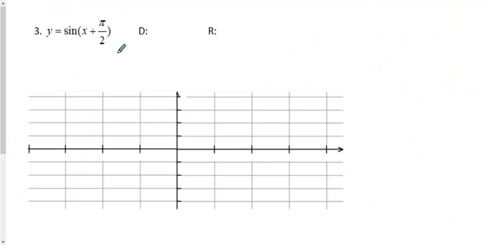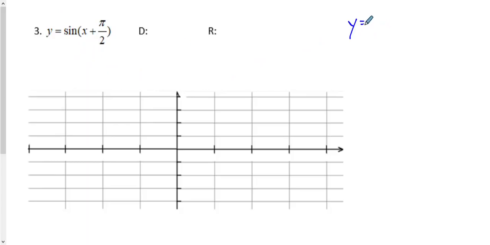But what we're going to look at now is an example of a phase-shifted function. So we have our y equals sine of x plus pi over 2 right here, and that shift is not going to be in the positive x direction.